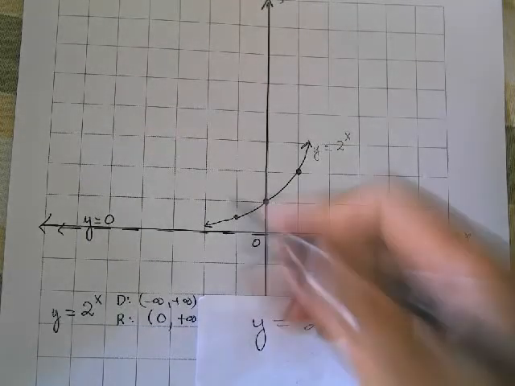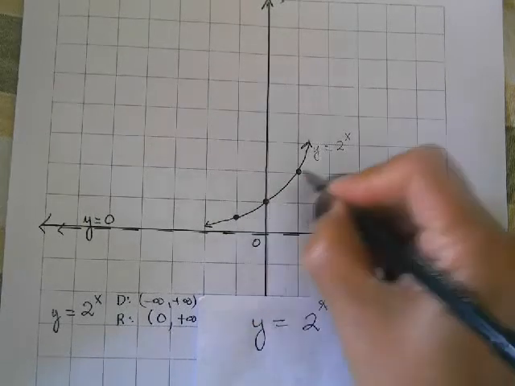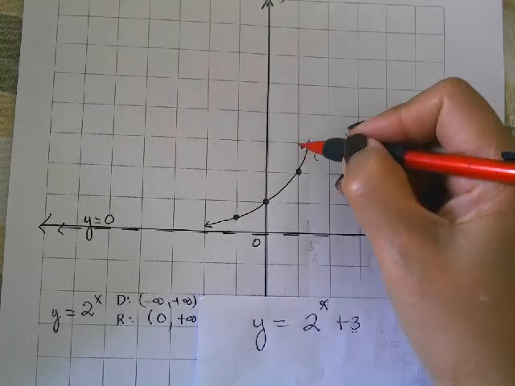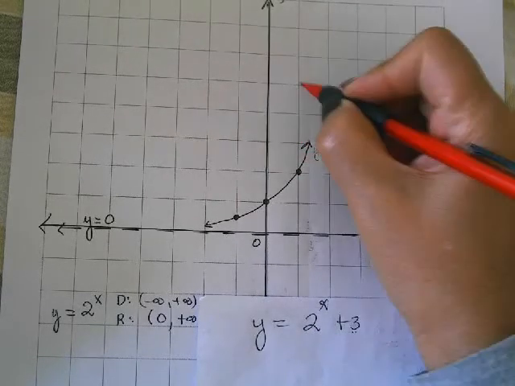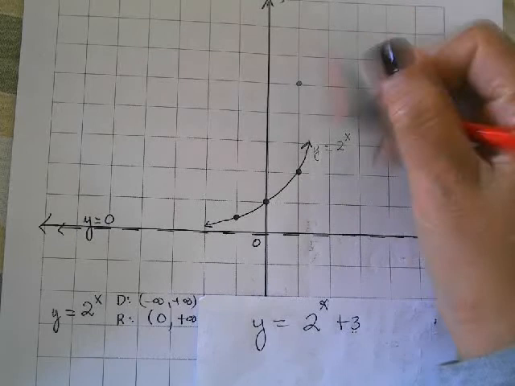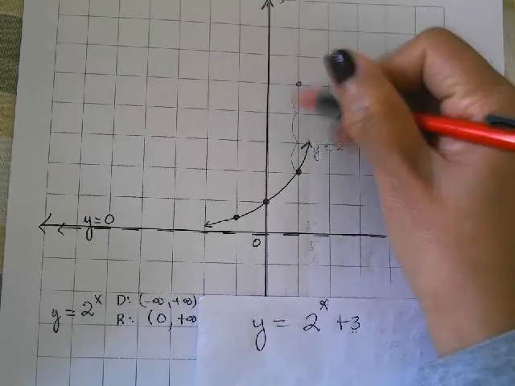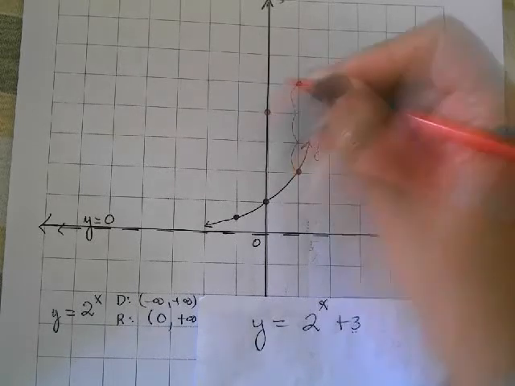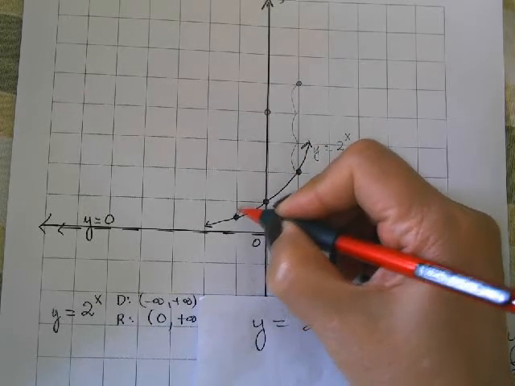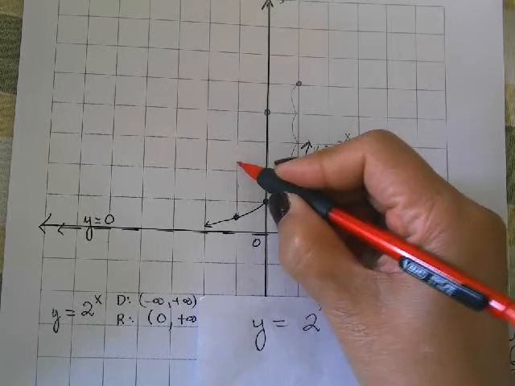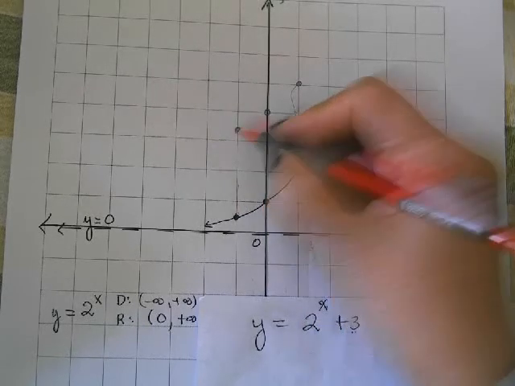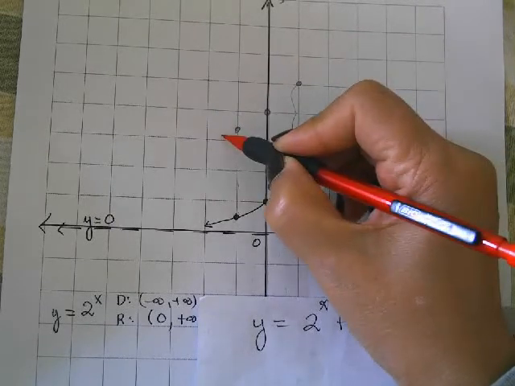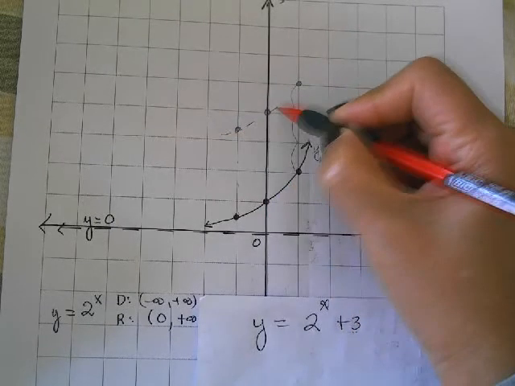Just concentrate on these 3 points, and we're going to move these 3 points 3 units up. So 1, 2, and 3. So we are here. You move it 1, 2, and 3. We all know how to translate. And this is on the 1/2, so we do 1, 2, and 3. So we are just moving this up 3 units.